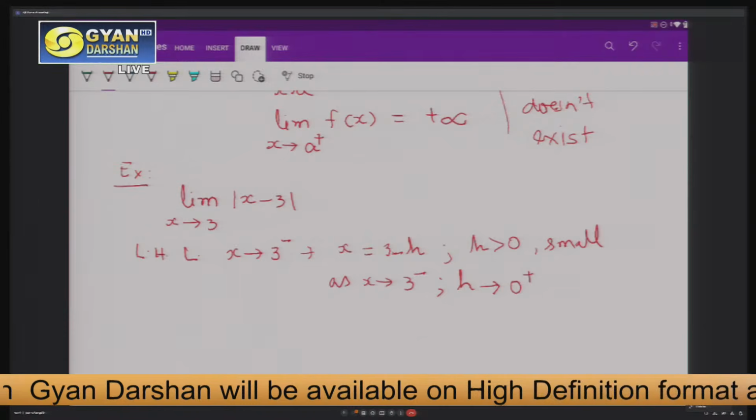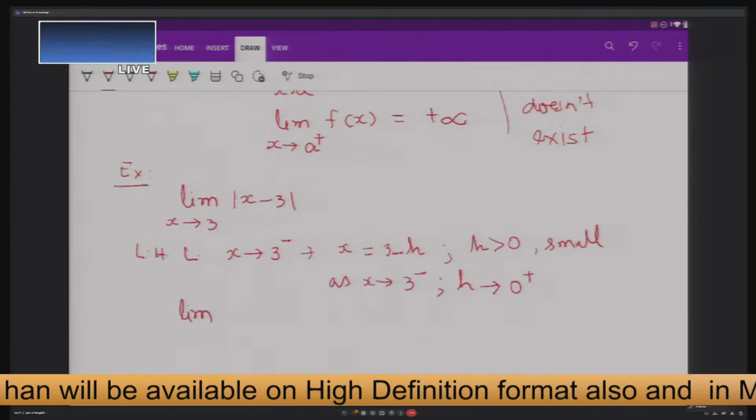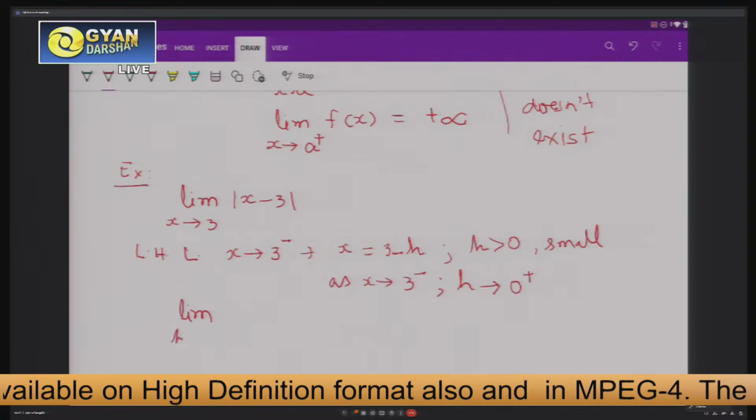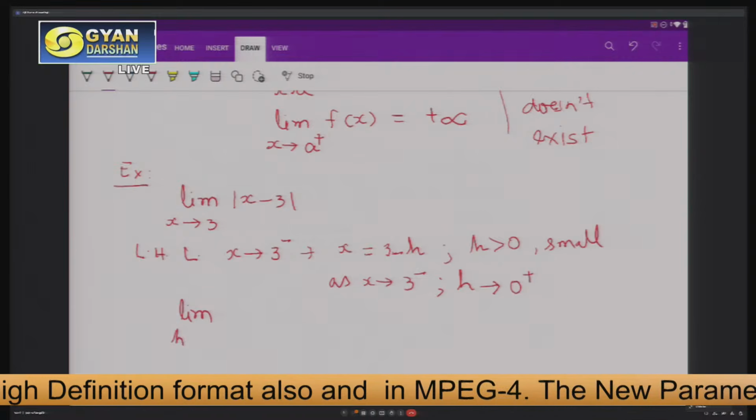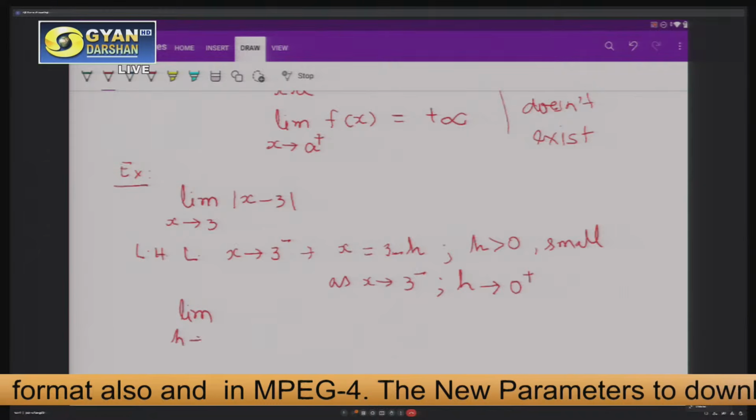So then we can write limit h tends to 0 plus.